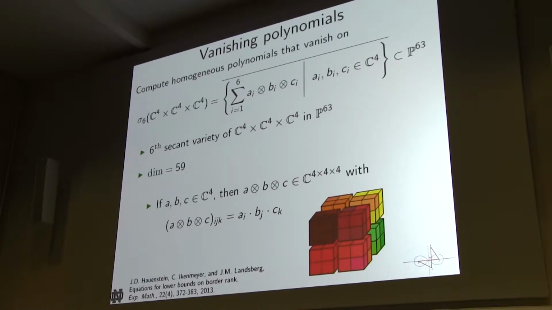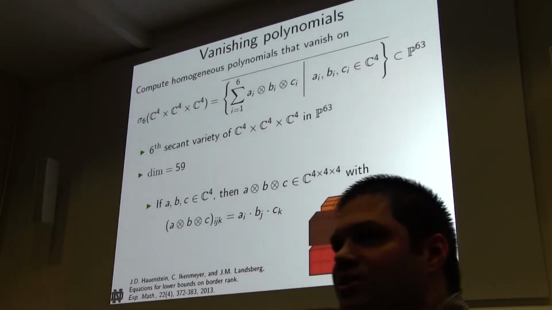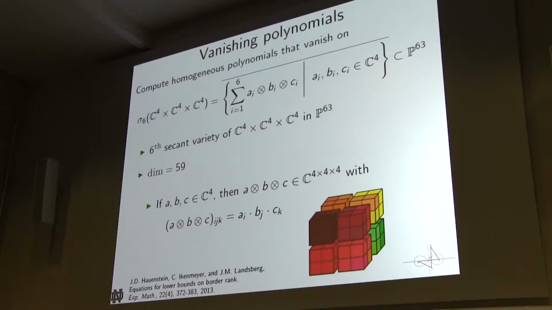So 2 by 2 has 4 elements, and so this is the secant variety you want to consider. You want to look at the 6th secant variety of C4 cross C4 cross C4. Slight abuse of notation, let's treat this projectively inside of P63. It's not closed, so you have to take the Zariski closure.